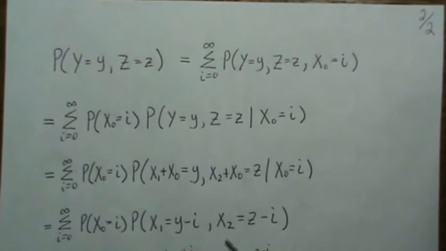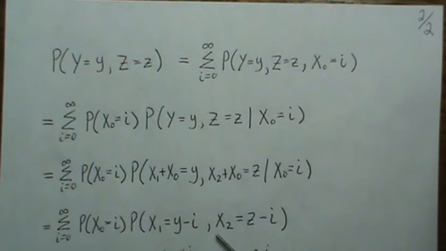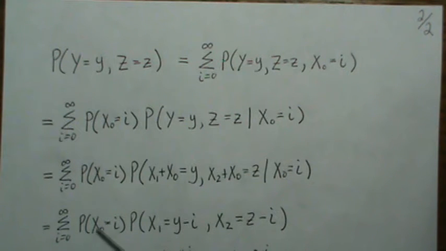Now, x1 and x2 are Poisson distributions, and they have to be positive, so from 0 to infinity. And so if this value or this value is negative, then this overall probability is 0. And since i goes from 0 to infinity, if it gets too big, then it's 0.